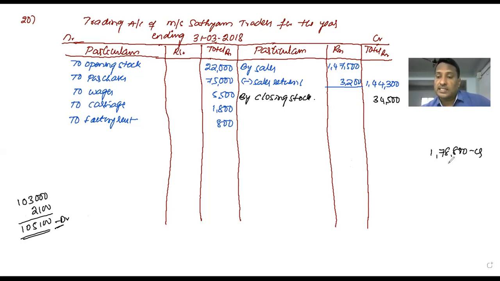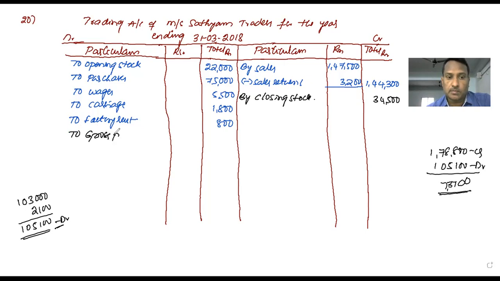So from the 1,78,800 of credit total, we should subtract the 1,05,100 of the total debit. The difference is 73,700 between the two sides. So on the debit side, to gross profit, the balancing figure is 73,700.